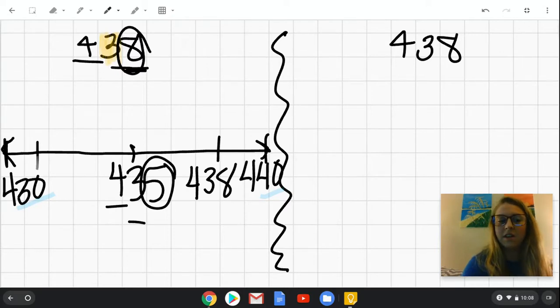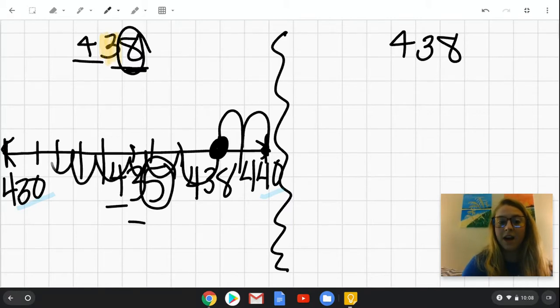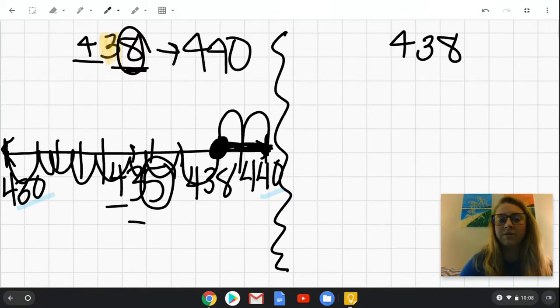So I know 30, 31, 32, 33, 34, 35, 36, 37, 38, 39, 40, and 438 is going to fall here. Looking on my number line, I see 1, 2. It's only 2 away from 440, but it's 1, 2, 3, 4, 5, 6, 7, 8 away from 430. So this is closer to 440, so I know this is going to round to 440.